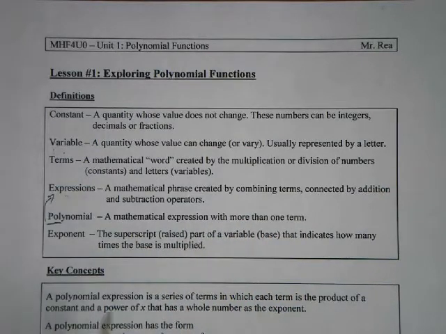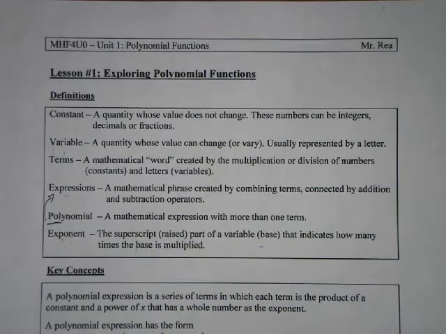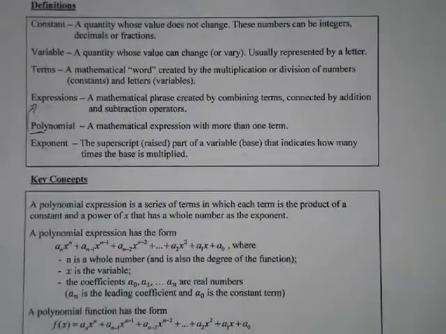And the last thing, an exponent is the raised number of a variable, or the base, that indicates how many times the base is multiplied. That should be all review, nothing new there except for maybe polynomial.